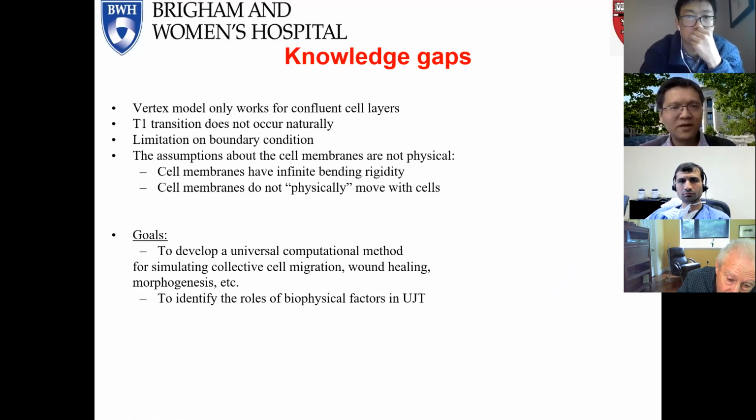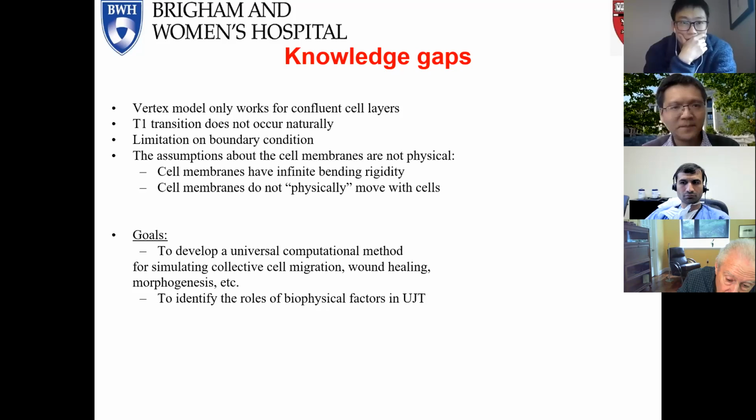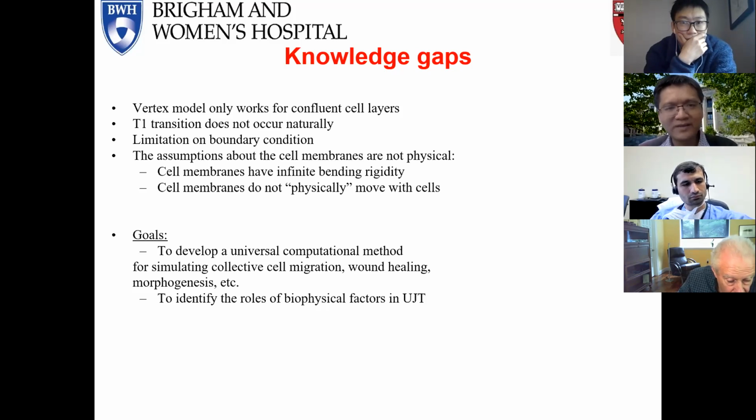For example, the vertex model only works for confluent cell layers. The T1 transition does not occur naturally; there are some mathematical or artificial rules you have to set up. There's also the limitation of the boundary condition. They use periodic boundary conditions, and more importantly, the cell membranes here are not quite physical.